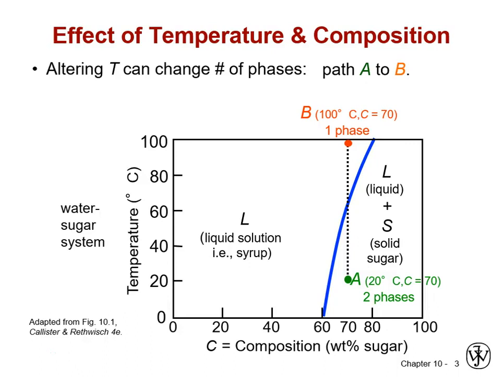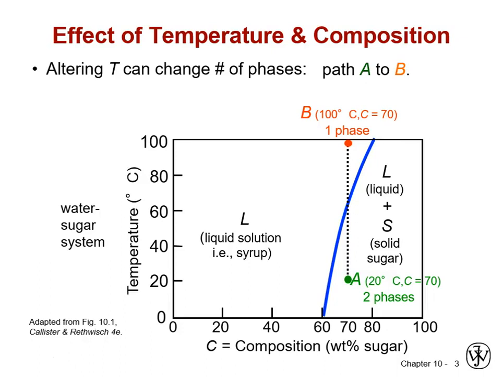As we increase the temperature somewhere around 60-65 degrees C, eyeballing it, we cross the boundary into a region of the phase diagram which told us that only 1 phase was stable. And certainly that was true up around 100 degrees C. So what happened? We changed from a 2-phase stable solution to a 1-phase stable solution.